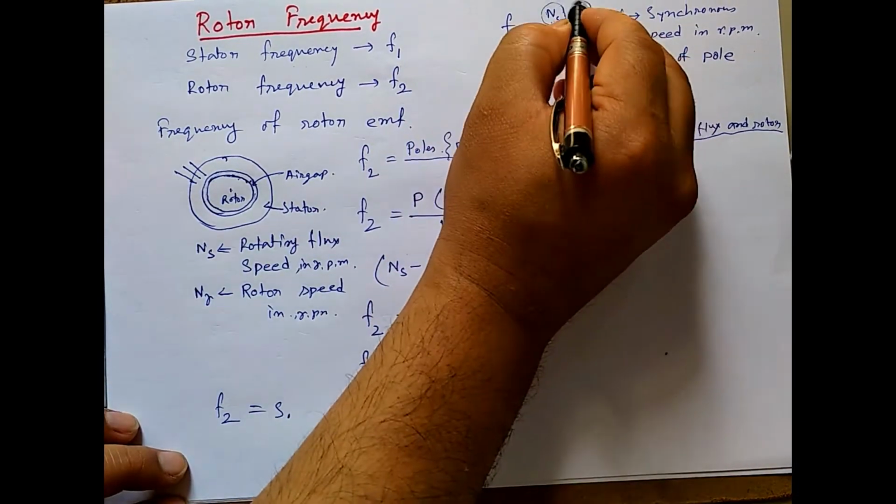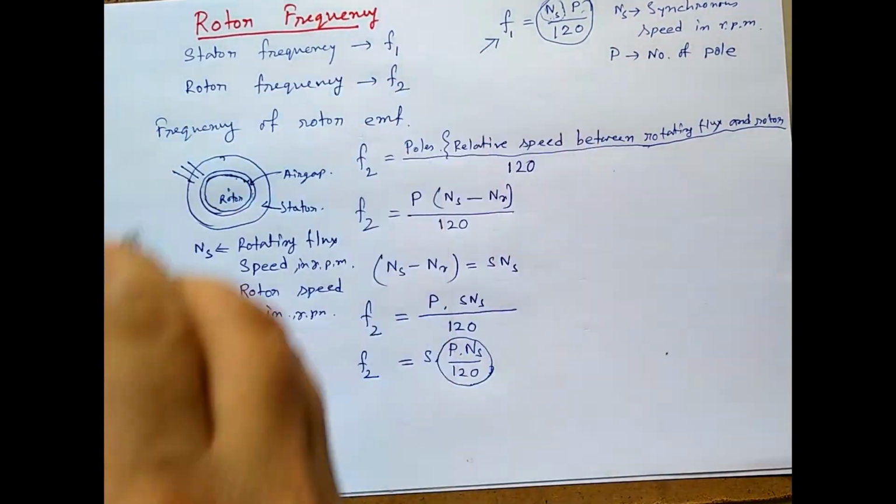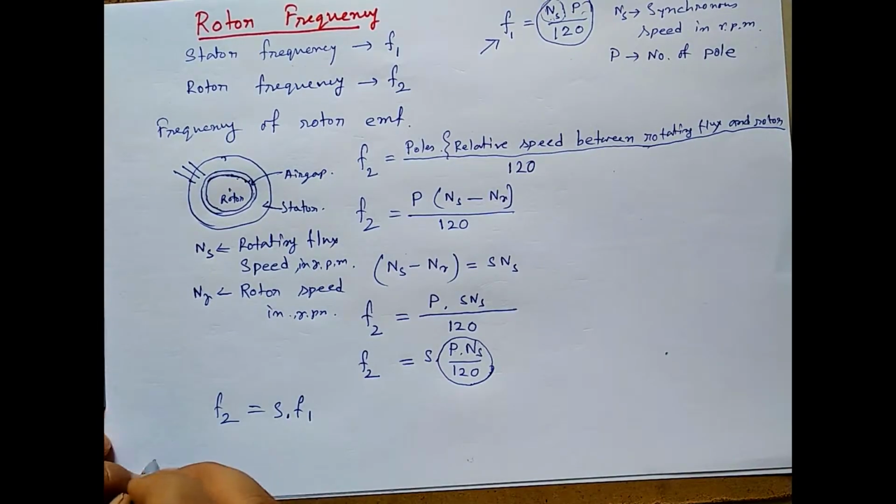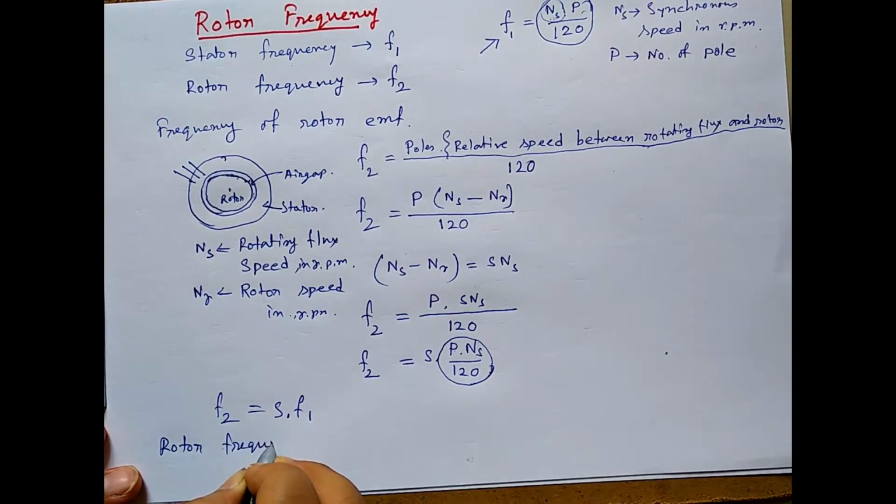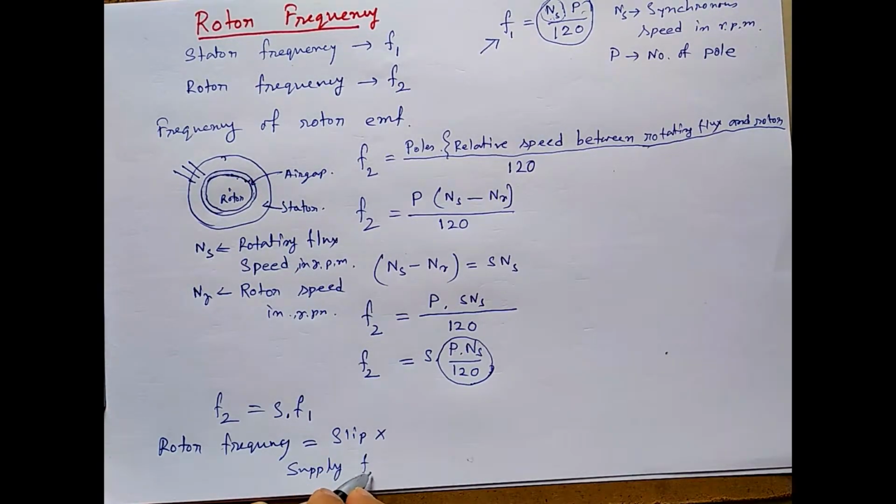This value P Ns by 120 is F1, the supply frequency. So the rotor frequency equals slip into supply frequency, F2 equals S F1. That is the relation.